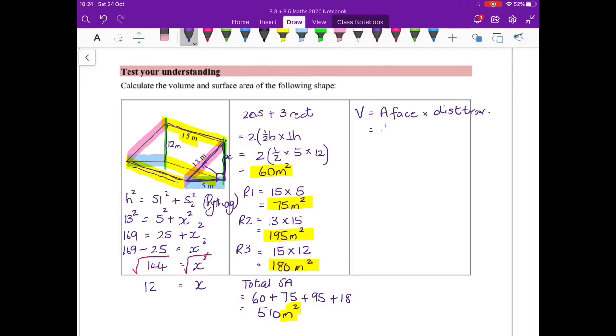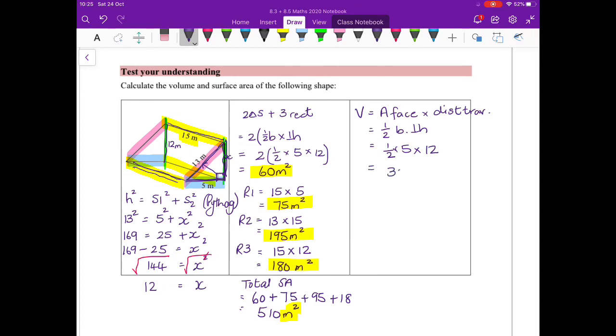So I know that the area of the face is half base times perpendicular height. And we only find the area of one face, which is going to be a half. My base was 5, so half times 5 times x, x's value was 12.